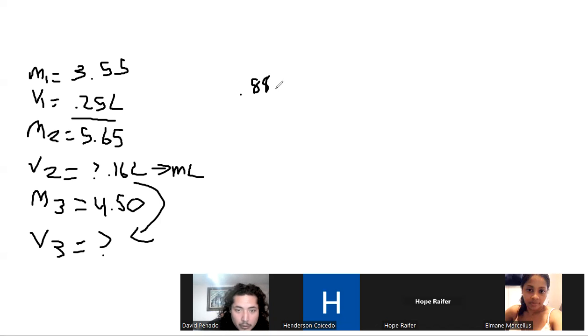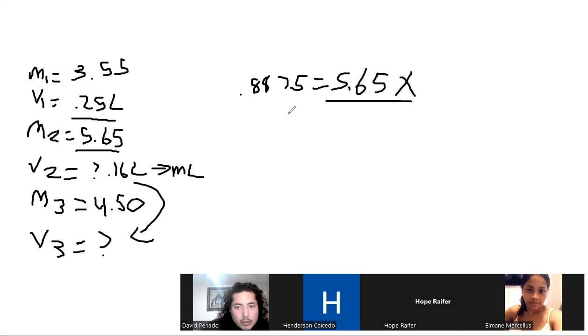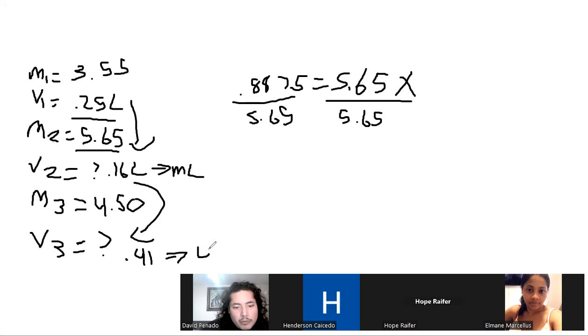And on the other side, we only had molarity times the unknown, which was X. We divided that and we got 0.16. In the end, we just add them together. It became 0.41. Turn into milliliters, it'll be 410.